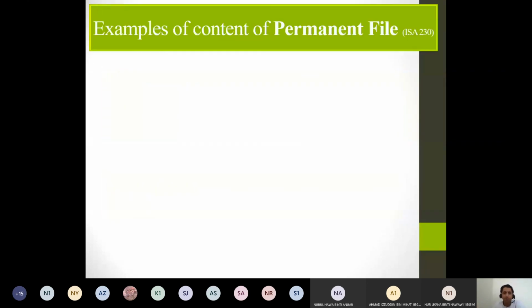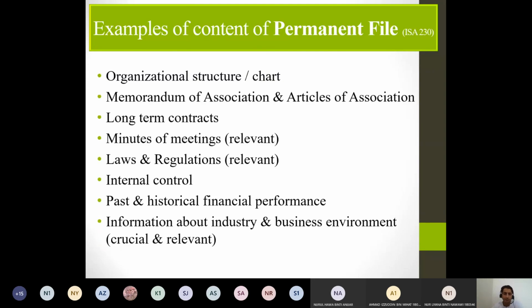Okay. Examples of what is contained in the permanent file, according to ISA 230: the organizational structure or chart, memorandum of association and articles of association of the client, long-term contracts, minutes of meetings, laws and regulations.